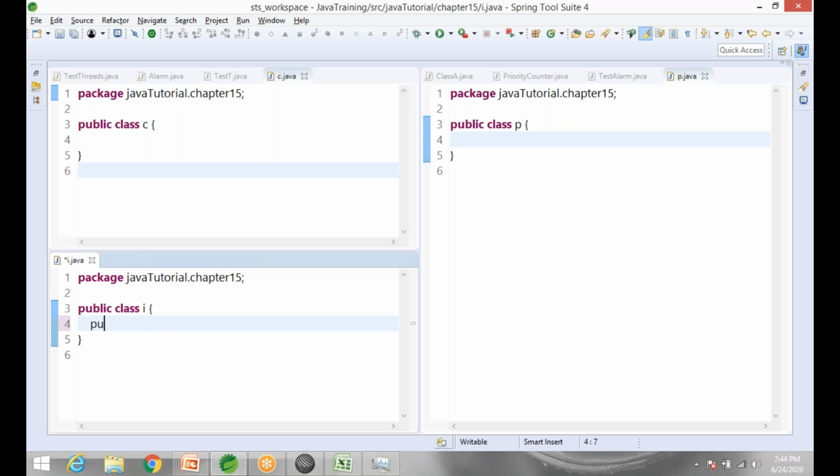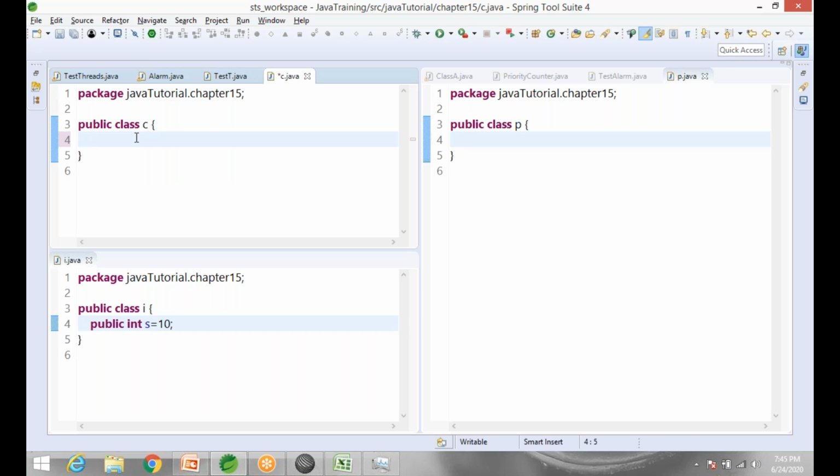Okay, here I have the stock as 10. The class program also needs access to the inventory. Okay, so I initialize that here.